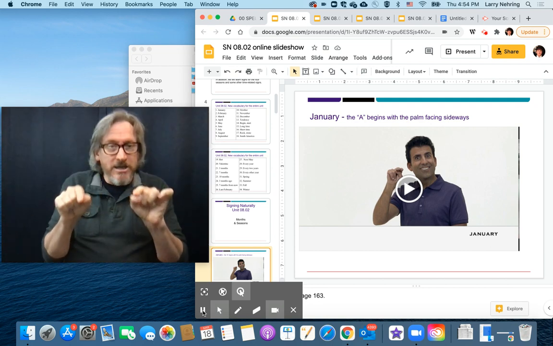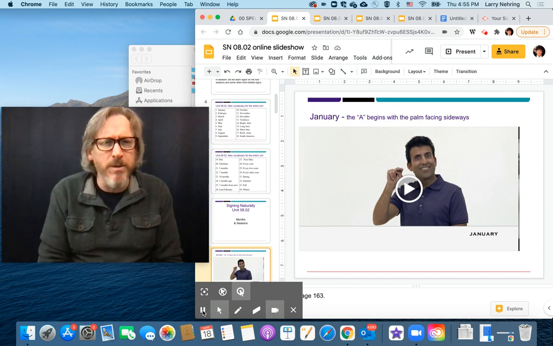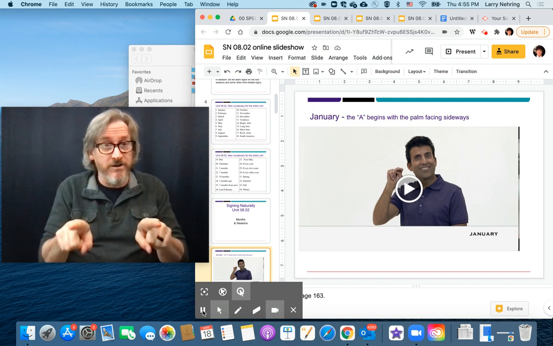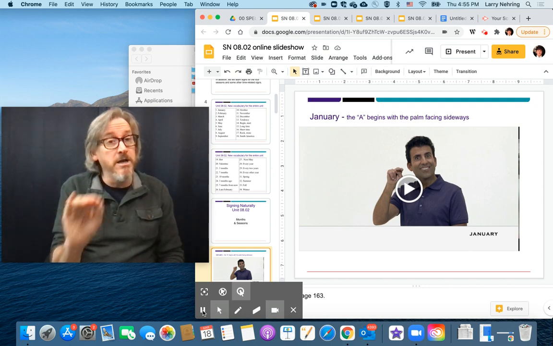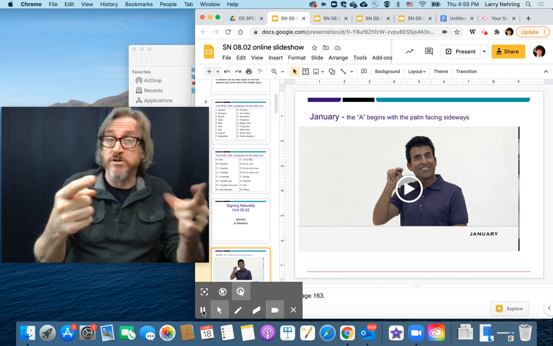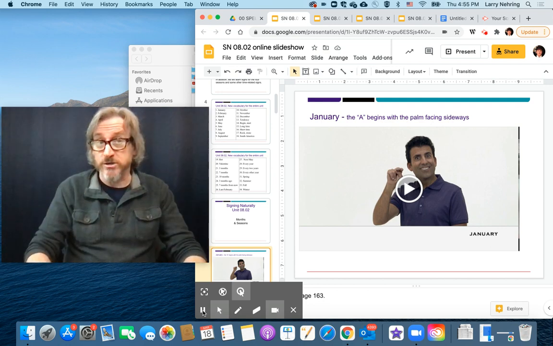So each one of these will go through a little bit more of the subtleties of fingerspelling. So as I was saying, there are 2 different ways we fingerspell. One is to be very careful and fingerspell very carefully so the other person is getting every single letter. Most often it's when you're introducing yourself, right?